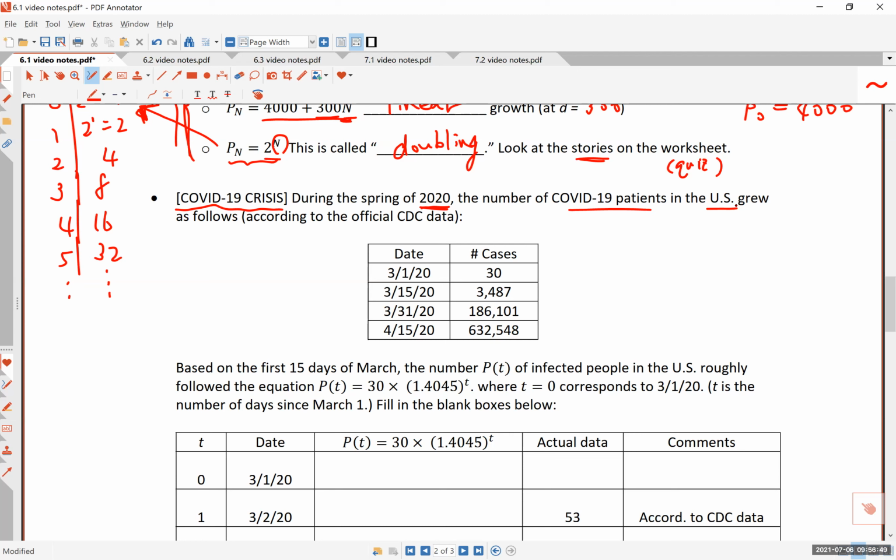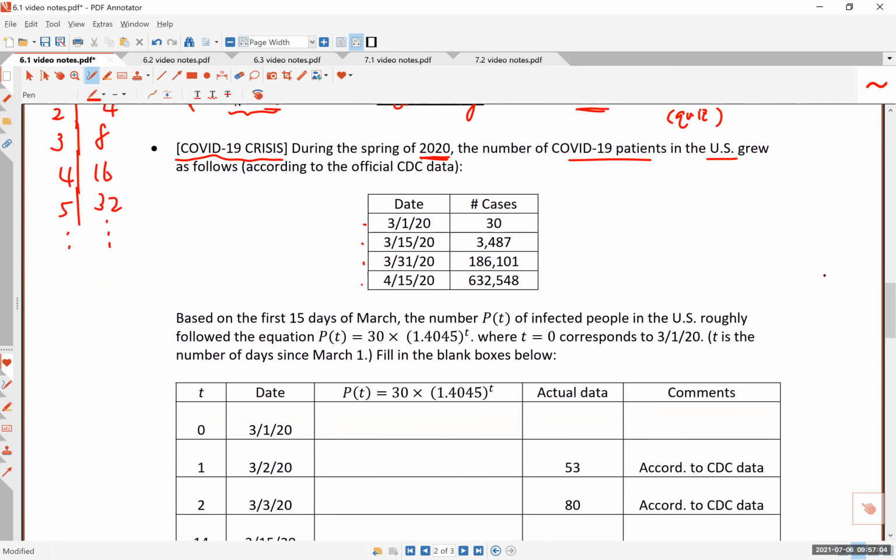All right, and these are some of the data that I collected from the CDC website, along with some other news websites. And by the way, these numbers sometimes change because they noticed that there were some errors and so on. But these are fairly accurate numbers. And again, these are the confirmed cases in the United States of people infected with COVID-19.